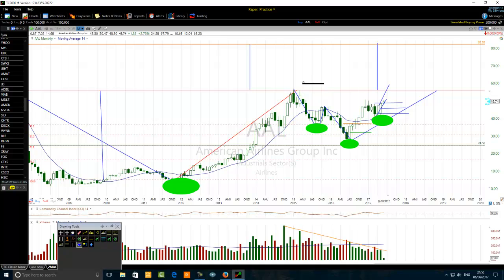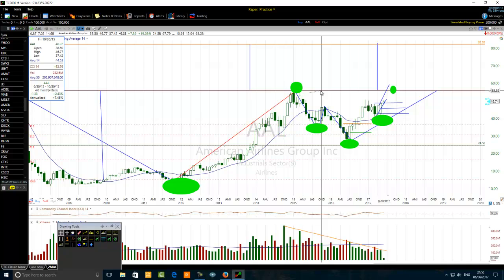It must break above the neckline before it can even reach the midpoint target at $82. So now the level that everybody's watching is this one here, 55. We call it the $56 zone. That's where everybody's watching now.